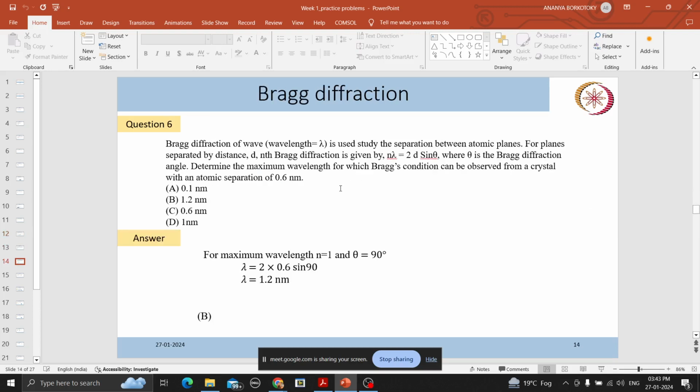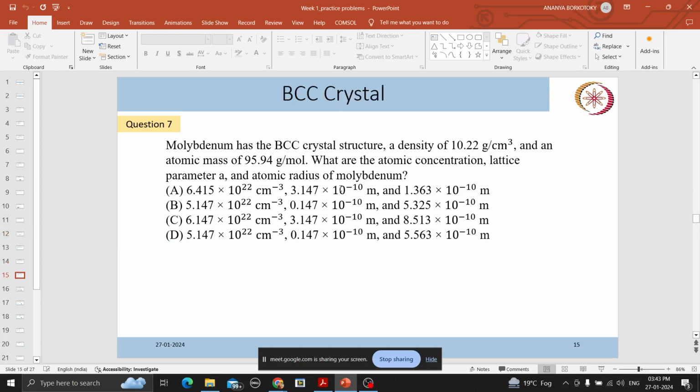So in this question, density is given and atomic mass is given. So you can calculate the lattice parameter, lattice constant A. Try to solve that first, and then you can calculate atomic concentration and atomic radius.